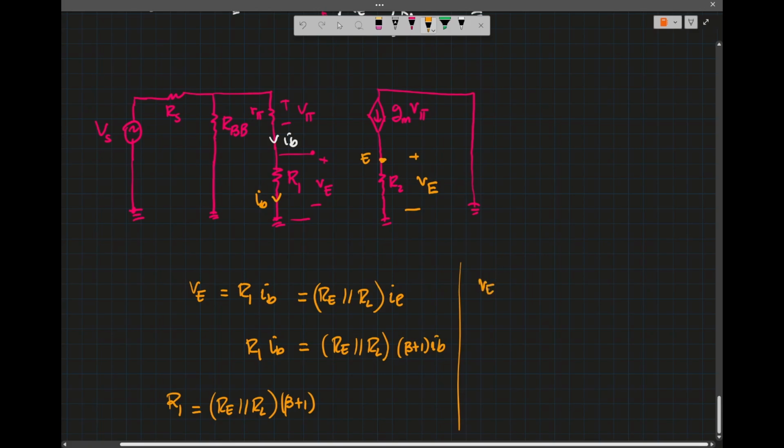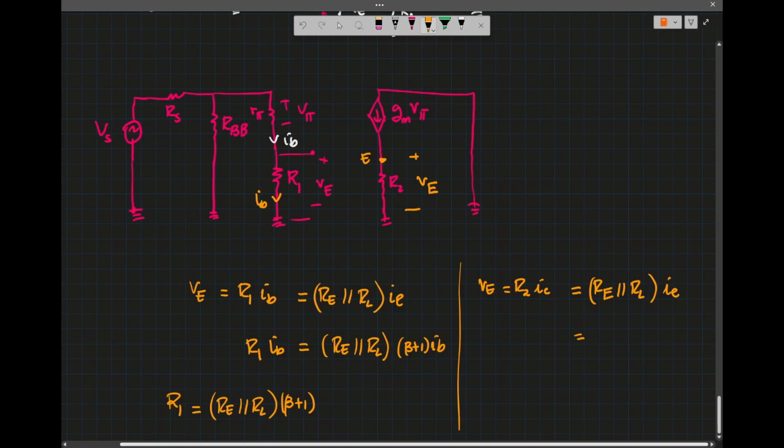We know that VE equals R2 IC, which is also RE parallel R load multiplied by IE.